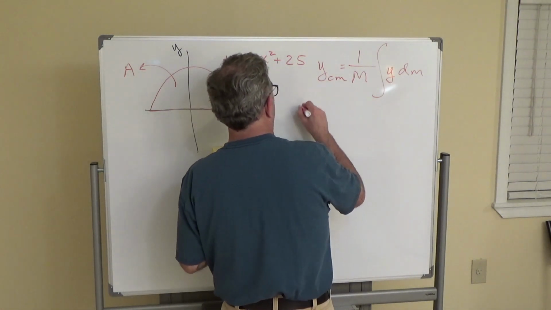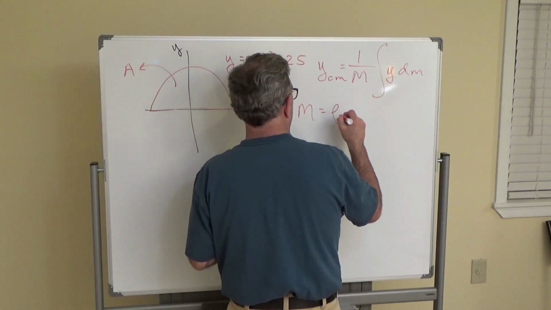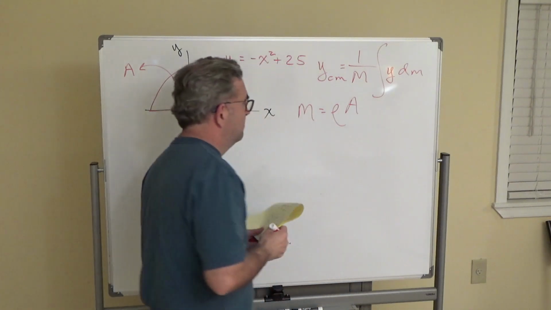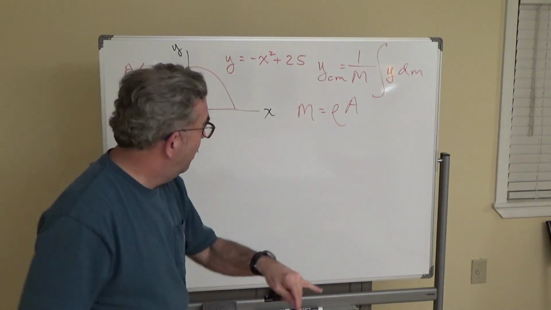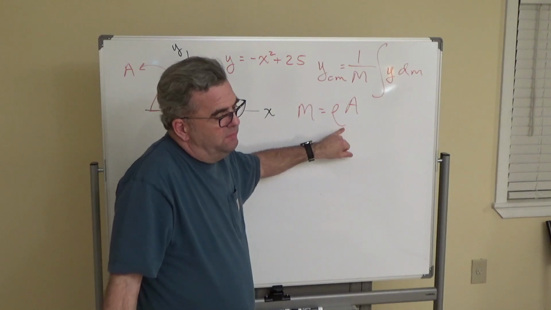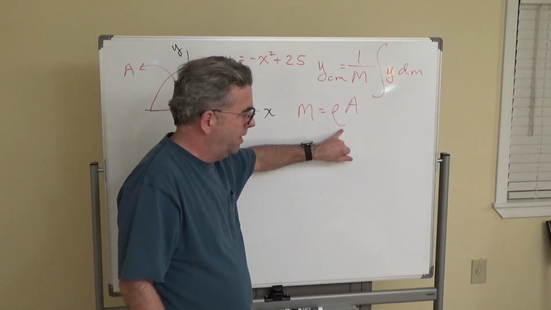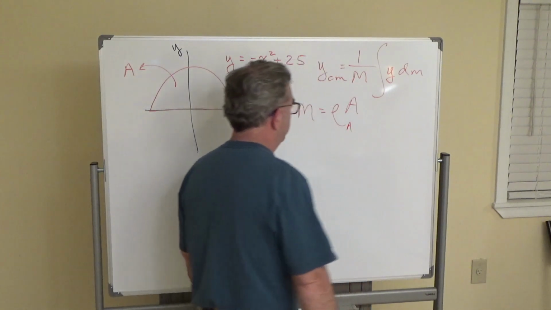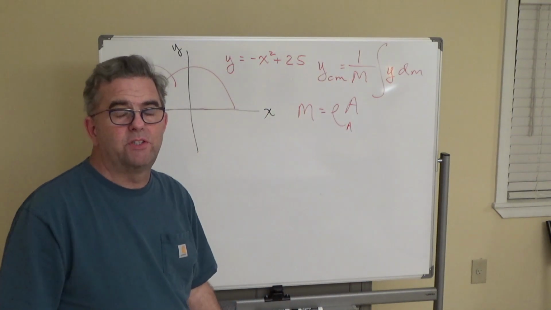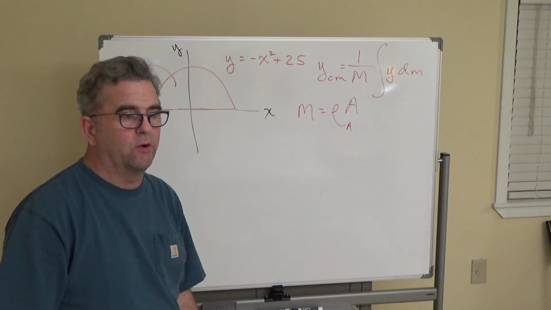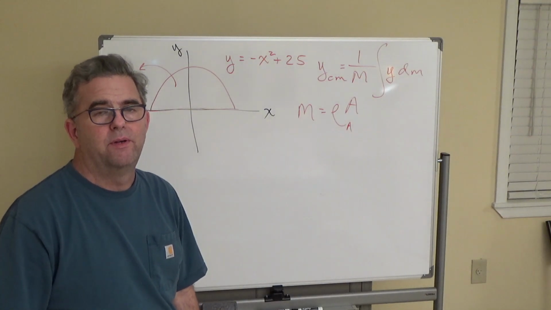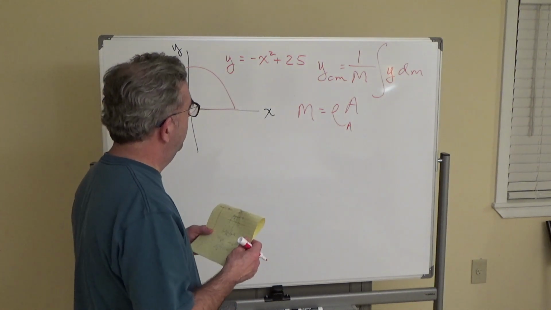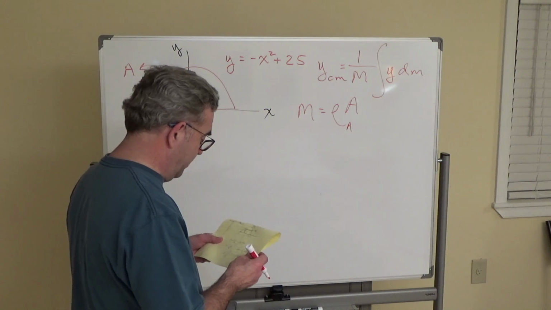M, this total mass, is equal to rho A. This is an area density, so maybe I'll make that a little rho sub A. That has units of grams per square centimeter, grams per square meter, something like that. So that would be the total mass.